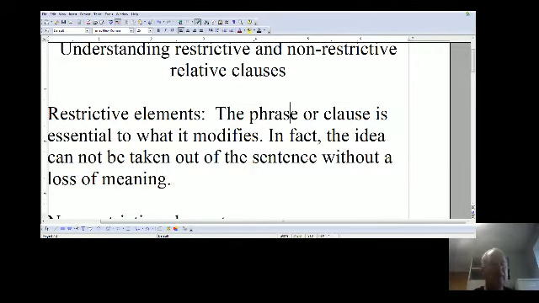If we gave a definition of it, I might say that. You guys see what I'm saying there? That would be a way of identifying what a restrictive element is, right? So let's keep going here. Again, the restrictive element: the phrase or clause is essential to what it modifies. In fact, the idea cannot be taken out of the sentence without a loss of meaning.